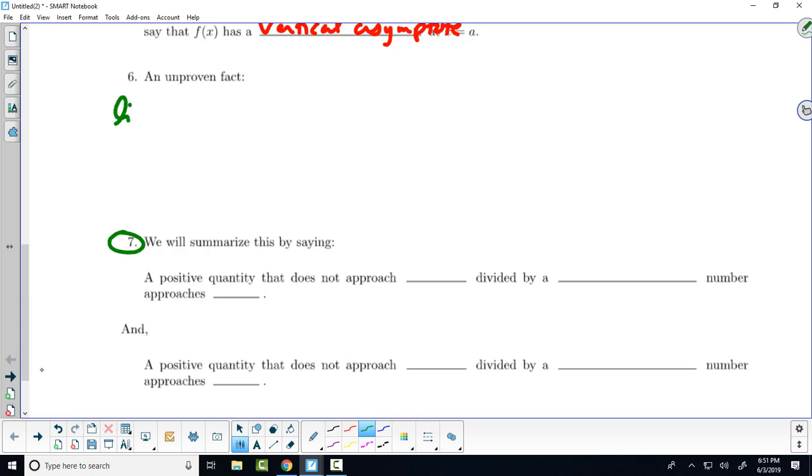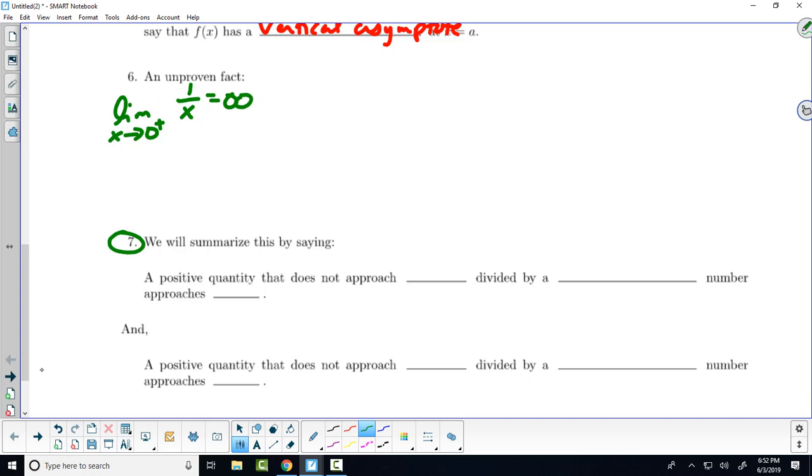If we look at the limit as x approaches 0 from the right of the function 1 over x, this limit comes out to be positive infinity. Saying the limit comes out to be positive infinity is poor vocabulary. What I'm saying is, as the domain values get close to 0 from the right, the range values get arbitrarily large.